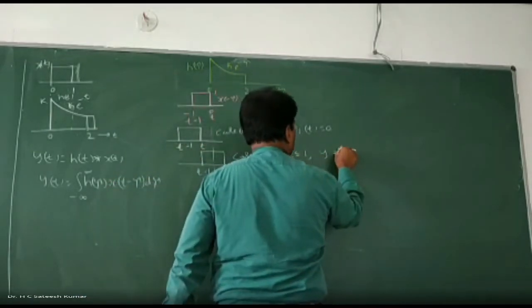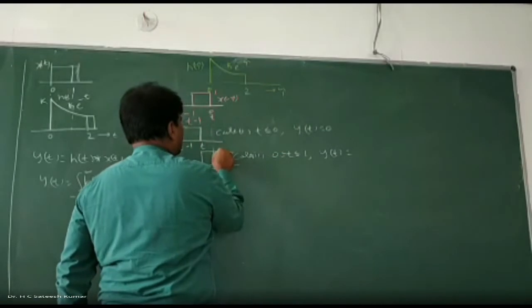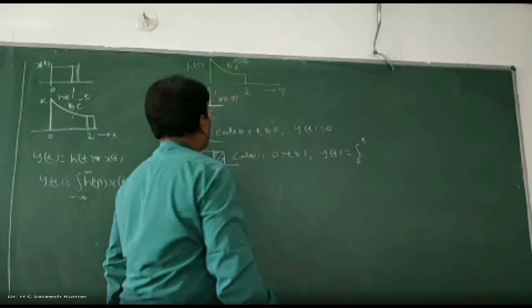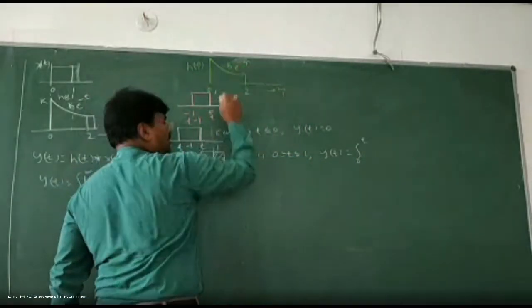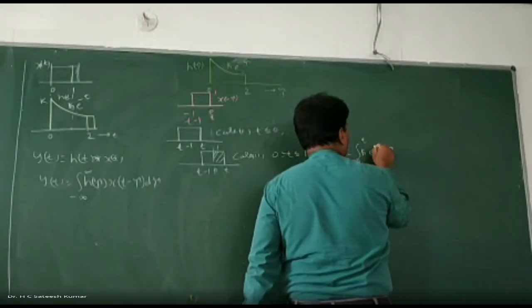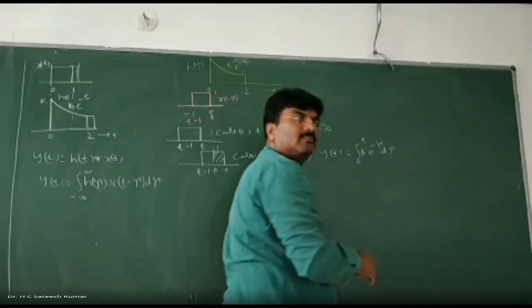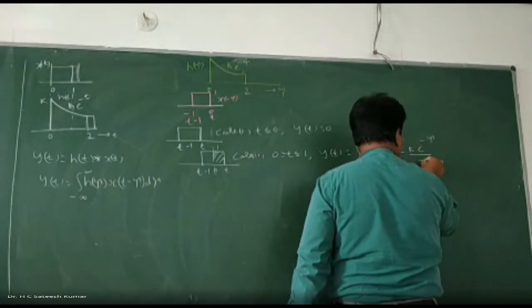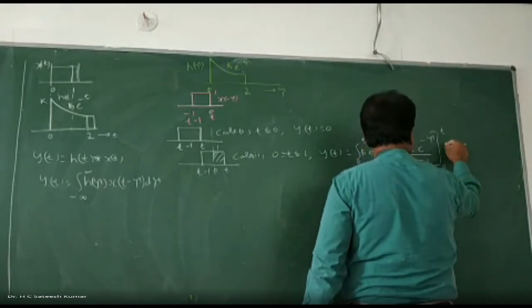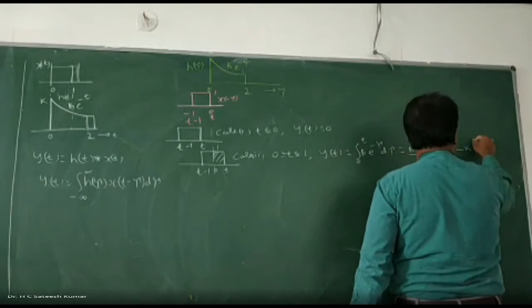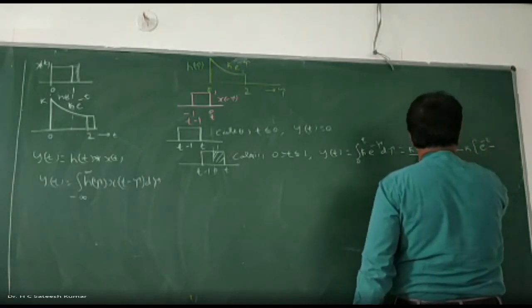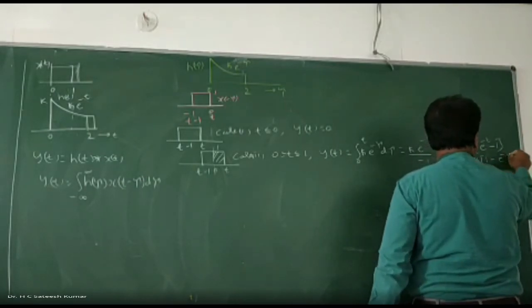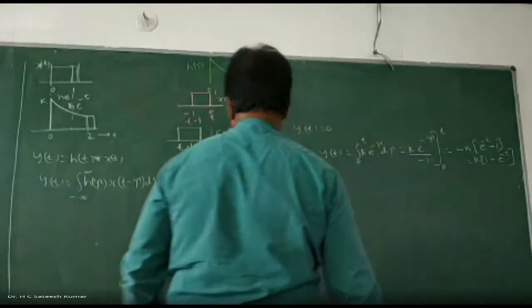Y of t is equal to integration from 0 to t of 1 into k into e to the power of minus tau d tau, which is equal to k into e to the power of minus tau divided by minus 1 between the limits 0 to t, which is equal to minus k into e to the power of minus t minus e to the power of 0, which is 1. So which is equal to k into 1 minus e to the power of minus t. Only the minus sign I have taken inside. Next one.